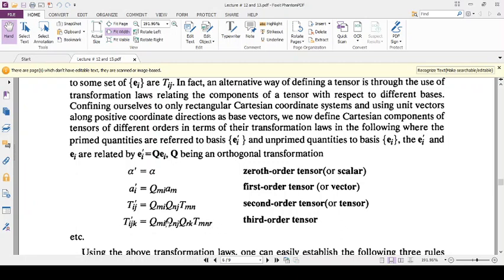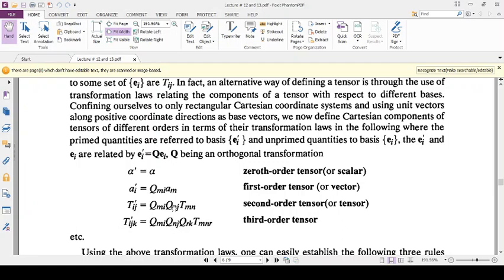This transformation law is relating the components of a third order tensor given in basis ei to the components given in basis ei dash, that is, how we can move from ei to ei dash for a third order tensor. So this is first, this is second, this is third. Similarly you can move on to 4th, 5th, 6th, 7th, 8th, 9th, 10th.